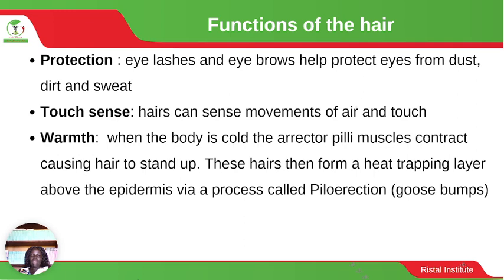These hairs then form a heat trapping layer above the epidermis via a process called piloerection, which is termed goose bumps.